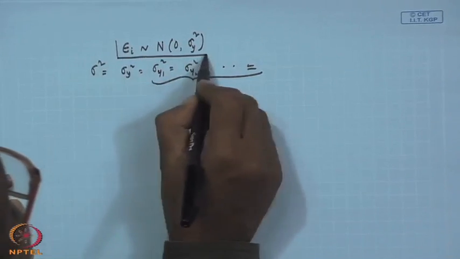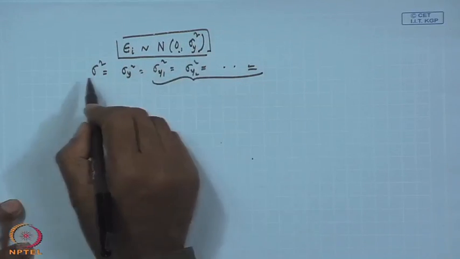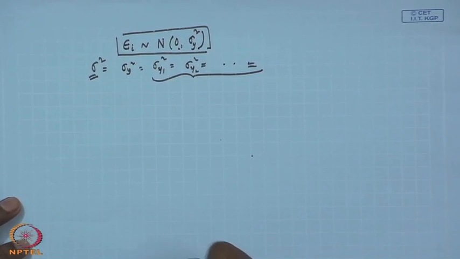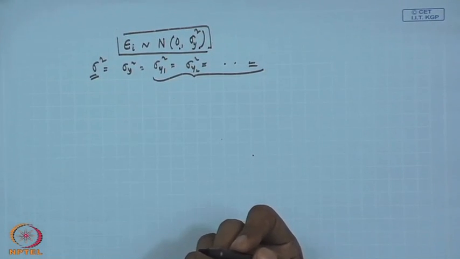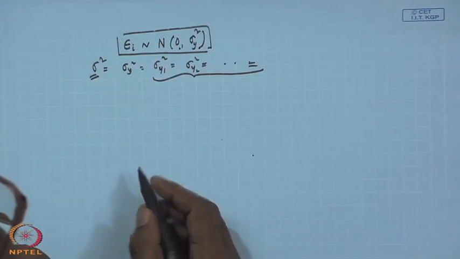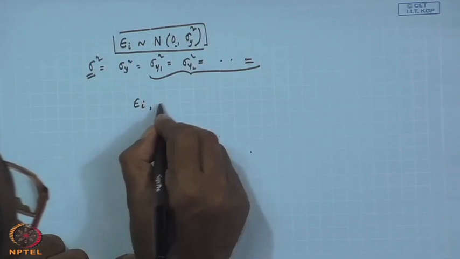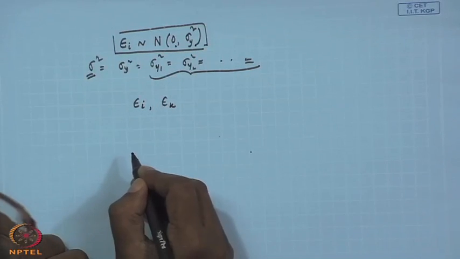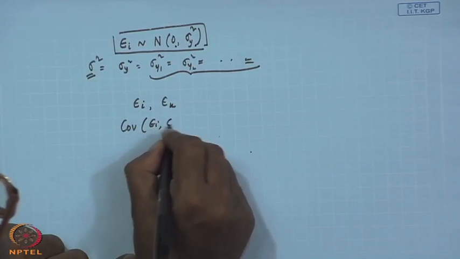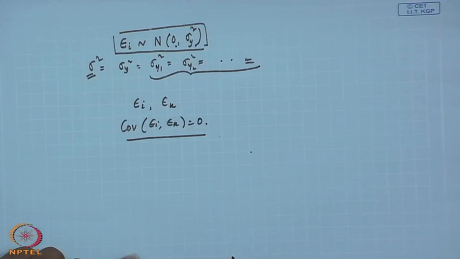So, error will follow normality with mean 0 and variance sigma square, where sigma square is basically the y variability for each of the observations of x. Now, suppose there are two observation error terms, epsilon i and epsilon k, then the covariance between these two will be 0, that is uncorrelated error terms.